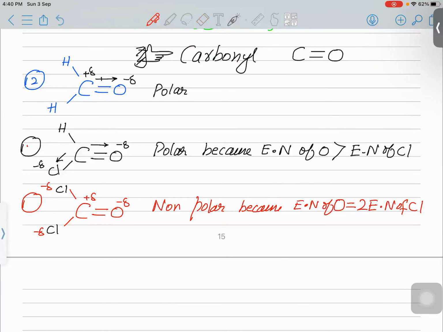Sir, how did you know it was two times? It's hard to tell since we don't have exact values. Yes, you are right, but listen, we have the Pauling scale. You can see chlorine and oxygen: the electronegativity of oxygen is 2 times greater than chlorine. That's why we can say that the electronegativity of oxygen is 2 times the electronegativity of chlorine.